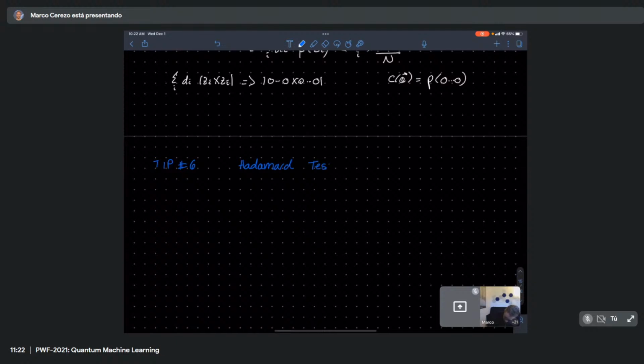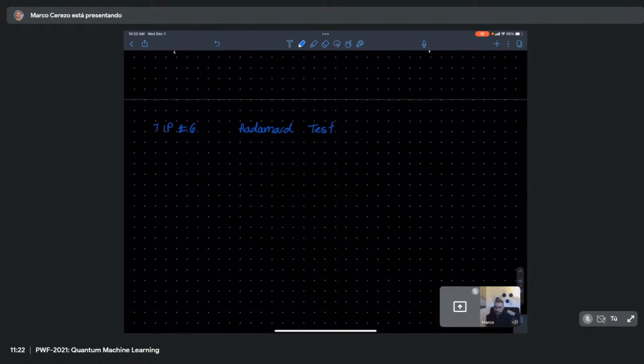This is part of the exercises in our theory exercises. So I'm going to maybe not go into all the details that go into proving the results for the Hadamard test, because part of the goal of this course is for you to prove them. So what is the Hadamard test?